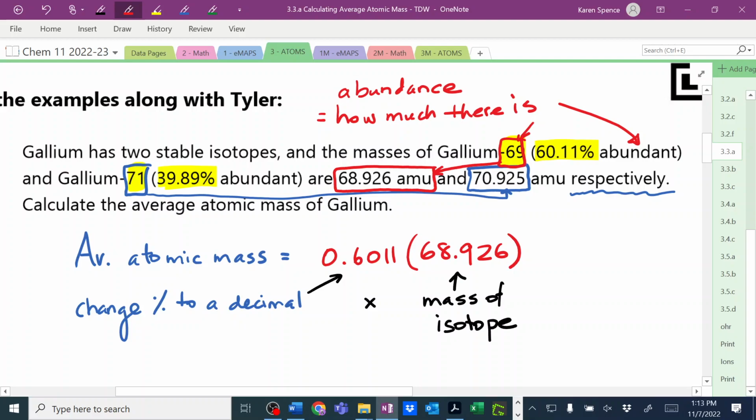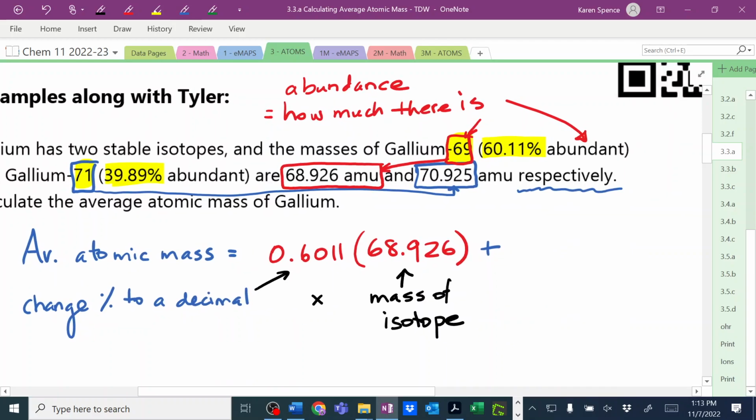Excellent. And we're going to do the same thing. Now we're just going to add it. Our percent for this one is 39.89. So as a decimal, what would that be? 0.3989.